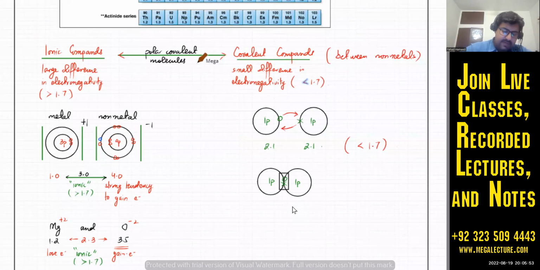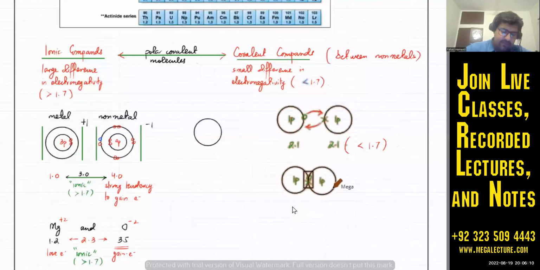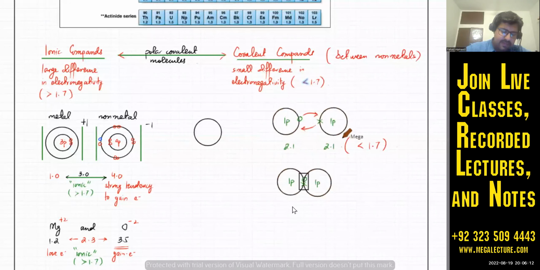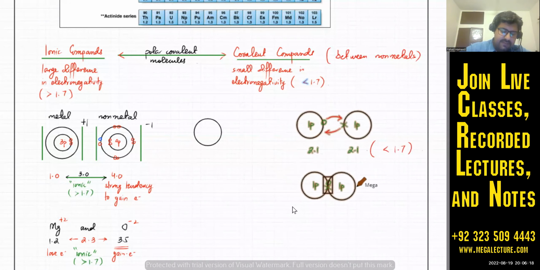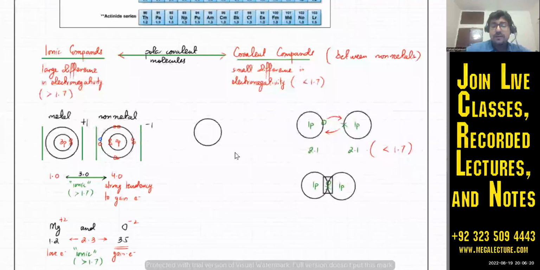You might have a molecule where, for example, I've got HCl. Let me put this to the side. In this case, these were perfectly covalent molecules because they had absolutely no difference in electronegativity, less than 1.7. Actually, there was no difference.